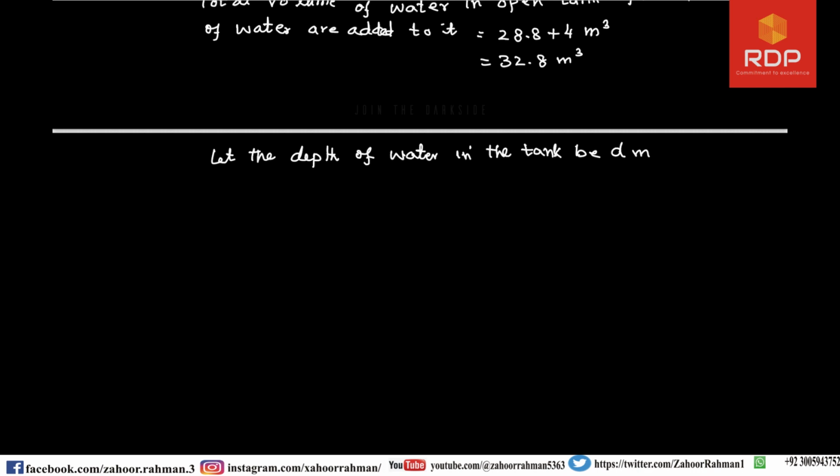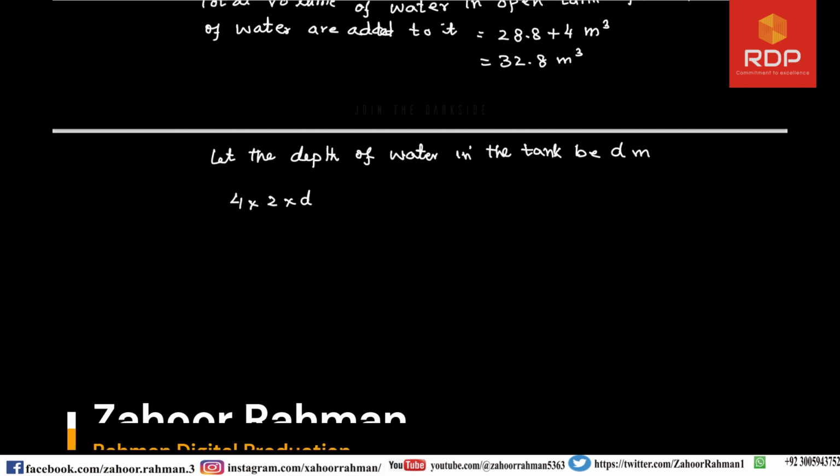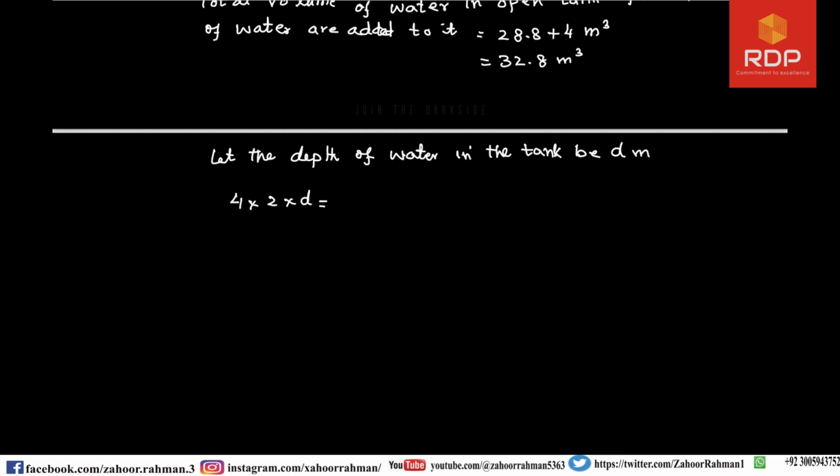So we will say that 4 multiplied by 2 multiplied by d is equal to 32.8 meter cube. So here we can say that d is equal to 32.8 divided by 8.